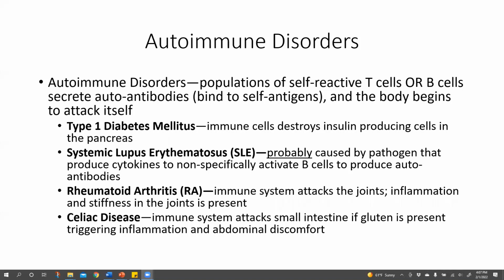Then we have type 1 diabetes. Okay. This occurs when your immune cells destroy the insulin-producing cells in your pancreas, or your beta cells in your pancreas. Hopefully you remember that insulin helps us lower our blood sugar after we eat. And then if we don't lower the blood sugar, the sugar stays in the blood.